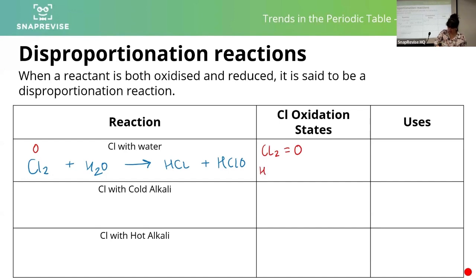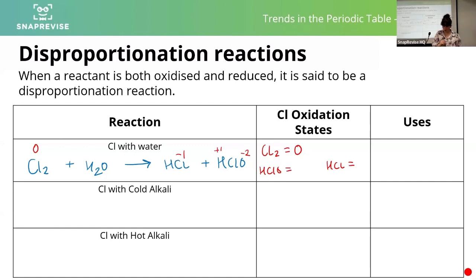The chlorine in HClO and HCl, however, are different. In HCl, hydrogen is +1, which is its normal state, so chlorine is -1 to balance it, to make it overall neutral. In HClO, oxygen is -2, because it's nearly always -2. Hydrogen is +1.